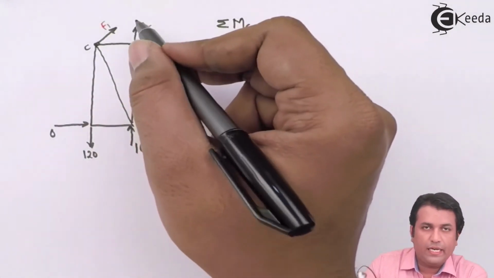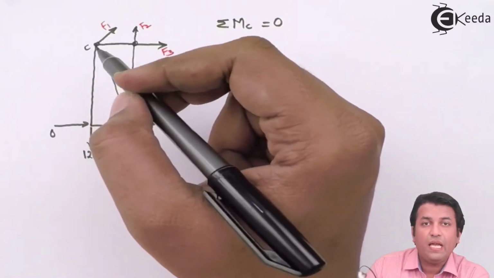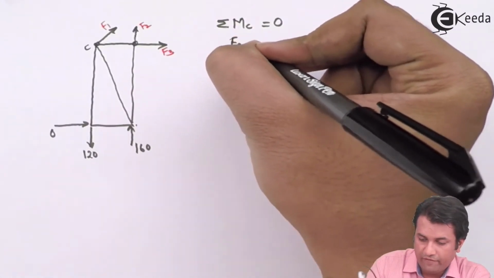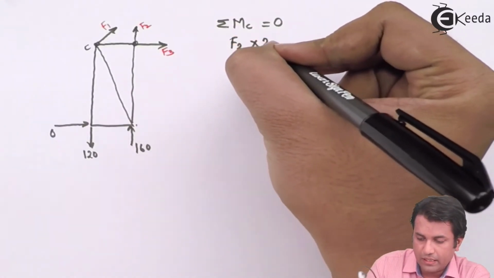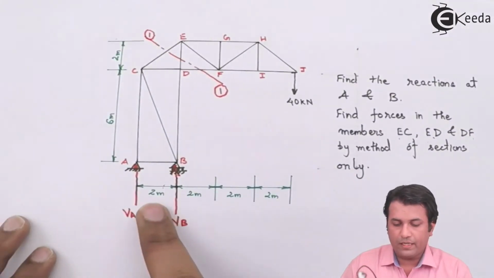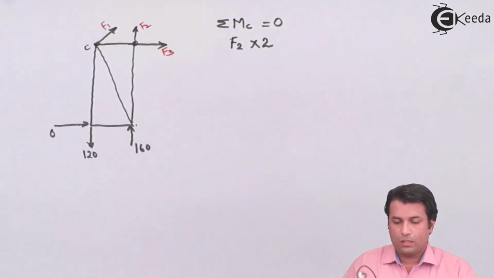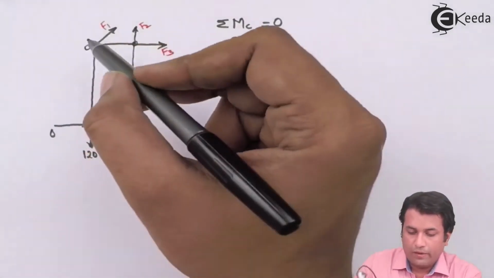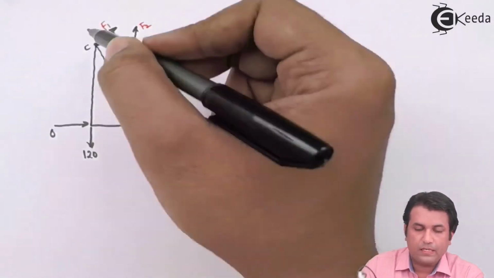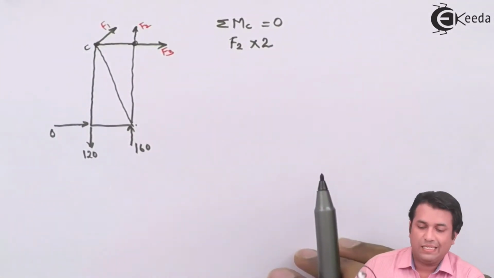F2 is acting vertically upwards, so the moment it is creating with respect to point C will be anti-clockwise. So I'll take it as positive. F2 into the perpendicular distance, that is 2. You can see this is the perpendicular distance given over here, that is 2 meters. Now, with respect to this point C, the 120 kilonewton force is passing through the moment center, so I cannot take moment of that because the moment of that force will be 0.